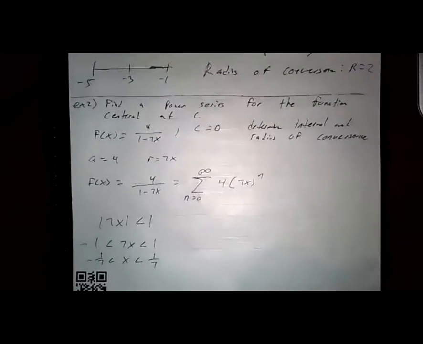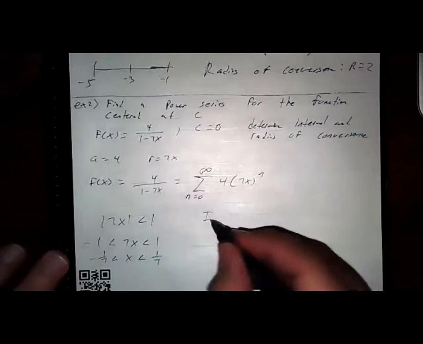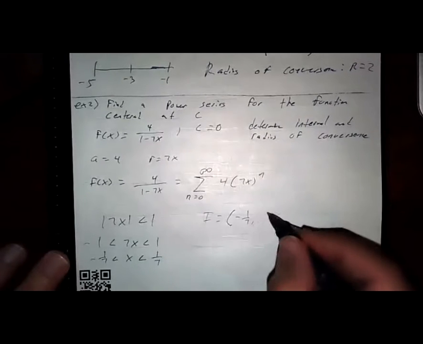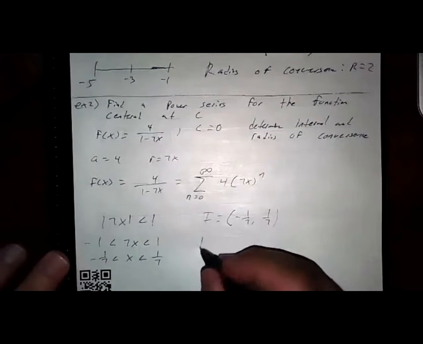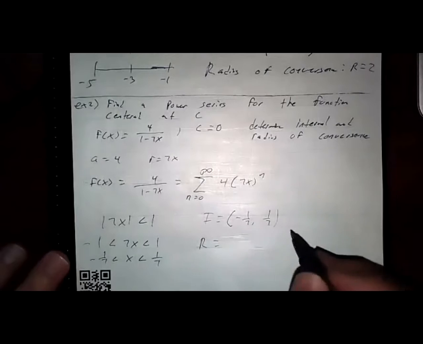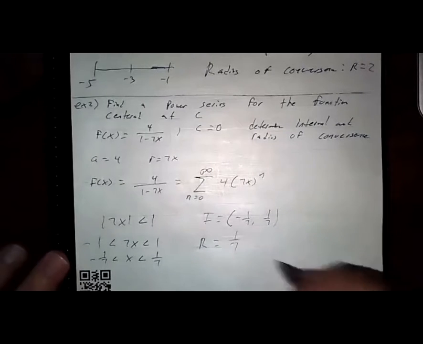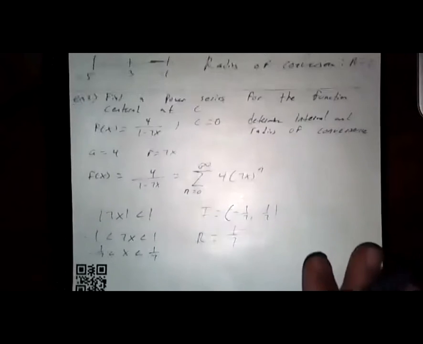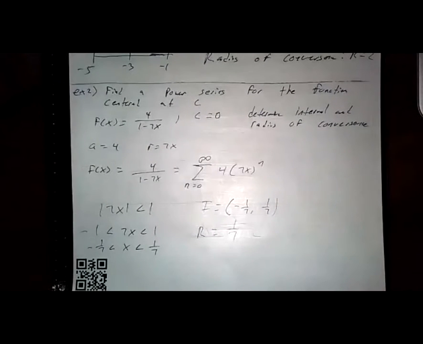Okay. So this is my interval. So interval of convergence would be -1/7 to 1/7. And the radius would be the distance between here, so that'll be 1/7, because the center would be 0. Are there any questions on number 2?